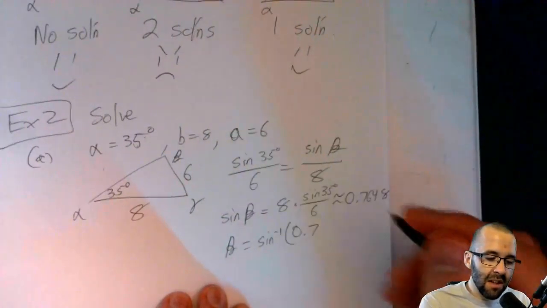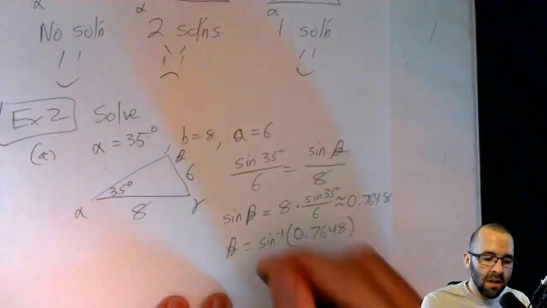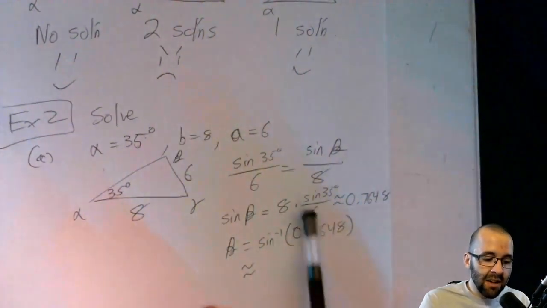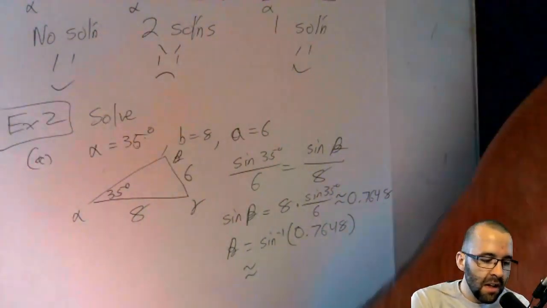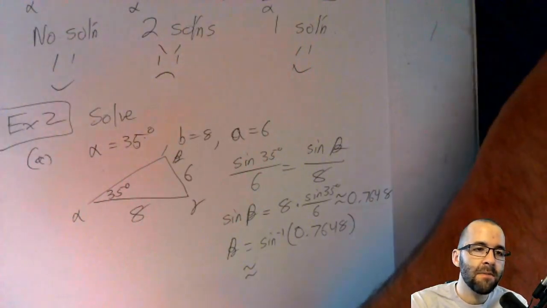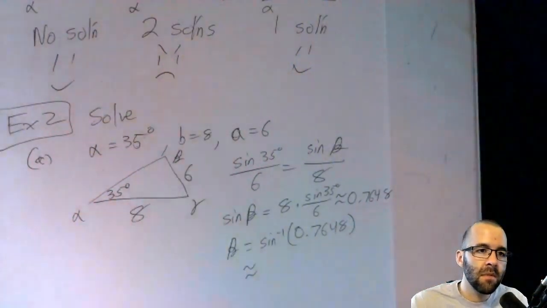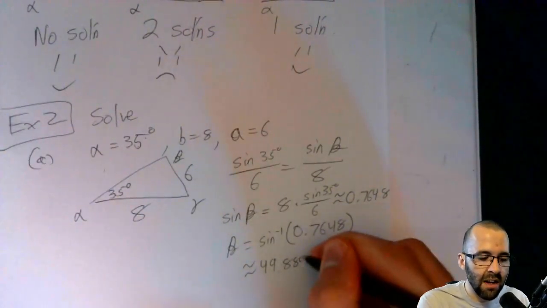But if you just want to do this, that's okay as well. Just make sure you use at least 4 decimals. You type this into your calculator, making sure that you're using degrees. We're doing degrees for all of this. So inverse sine of 0.7648, you're going to get 49.8892 degrees.